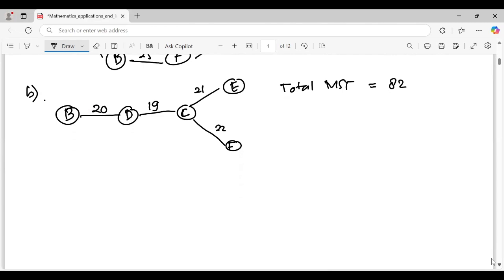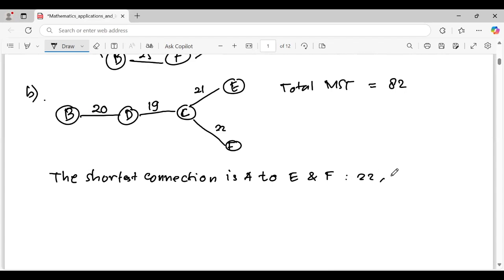And the shortest connection from A is A to E and F. Okay, that is 22 and 23.